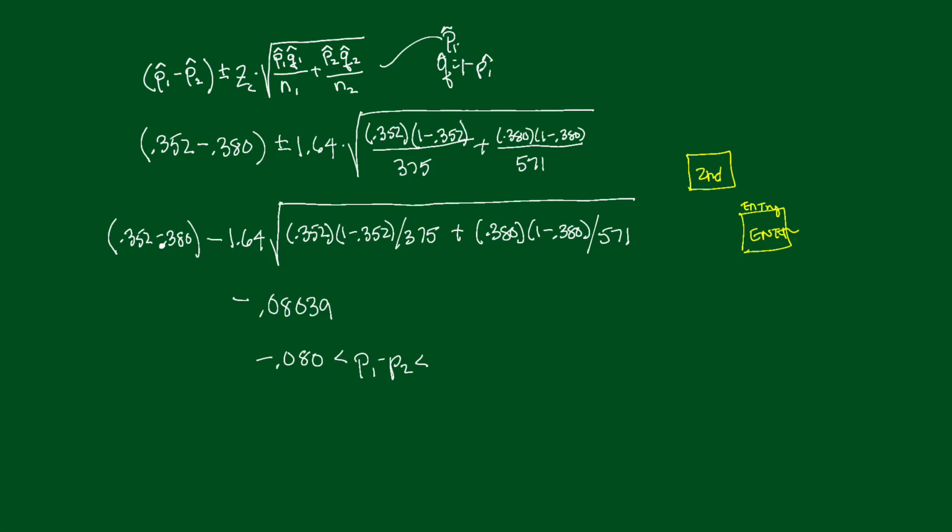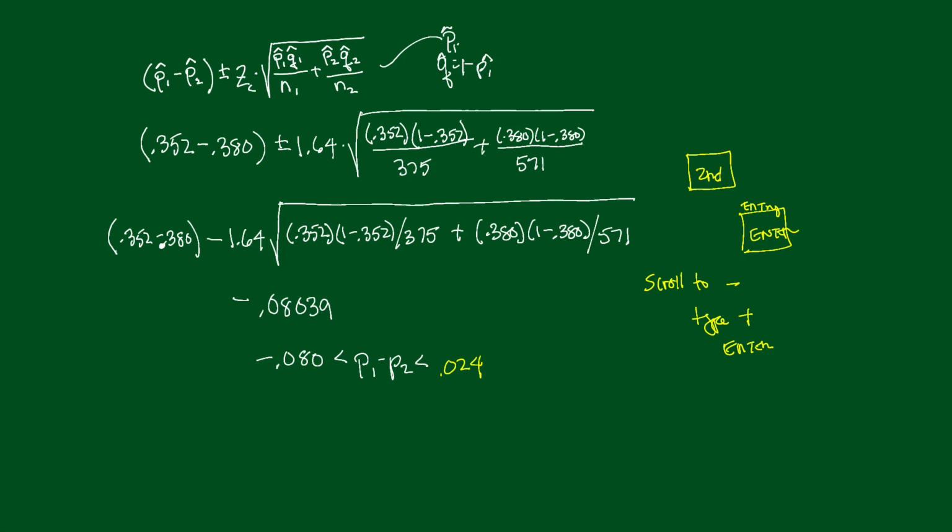Now just scroll over to that minus sign and type plus. So just change it from a minus to a plus, and then press Enter. Now when you press Enter, we're getting the other end of the interval, which is 0.024.